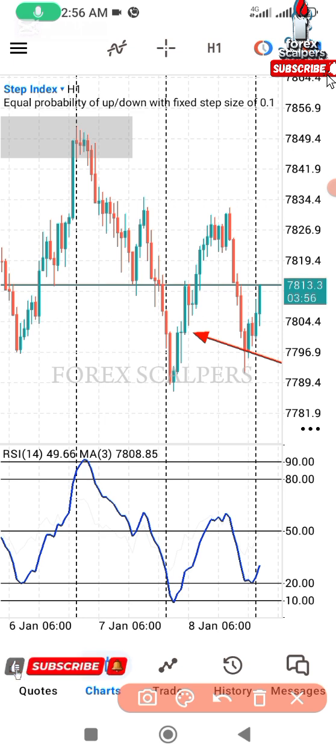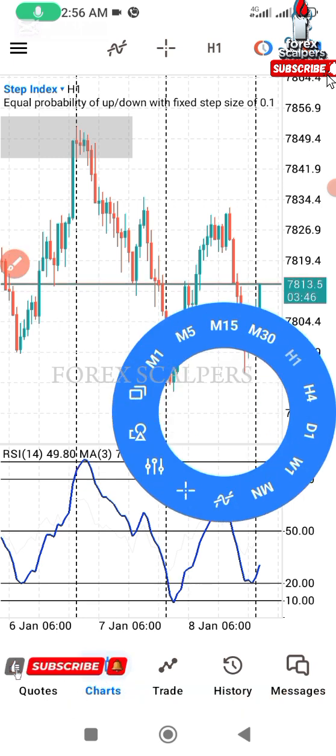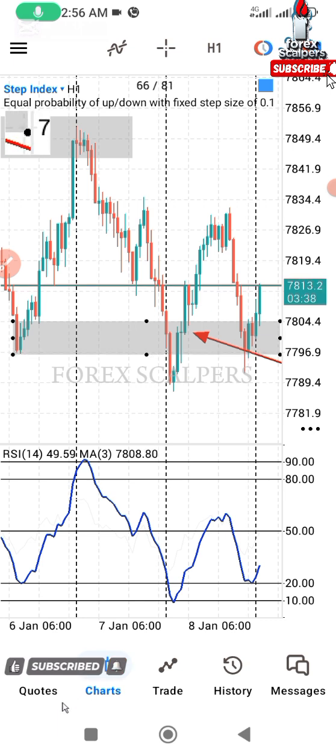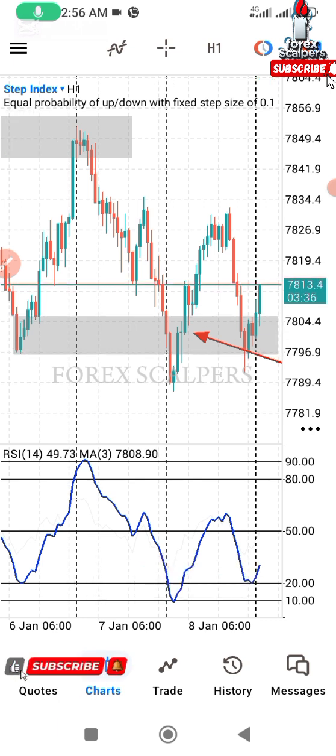The same reason you make your entry is the same reason you should exit the market, right? So you exit, and if you look at this point, this is our support zone. And of course you can see what happened.